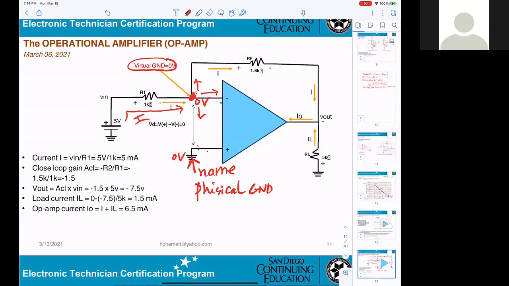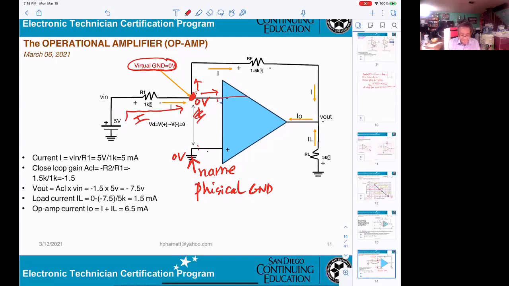Ground, there's no voltage difference. Exactly, they have the same voltage, so it cannot flow. Why doesn't it go inside here?